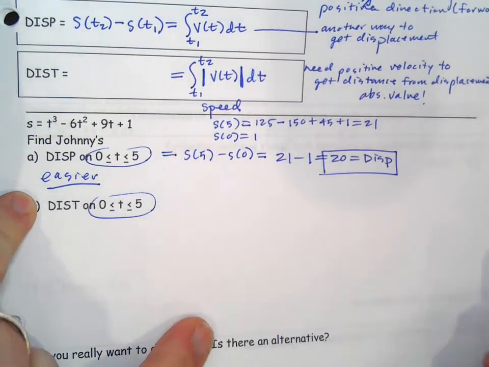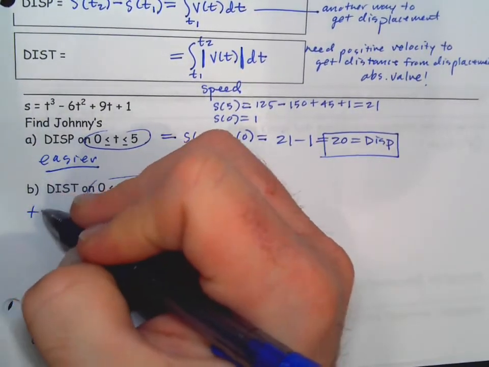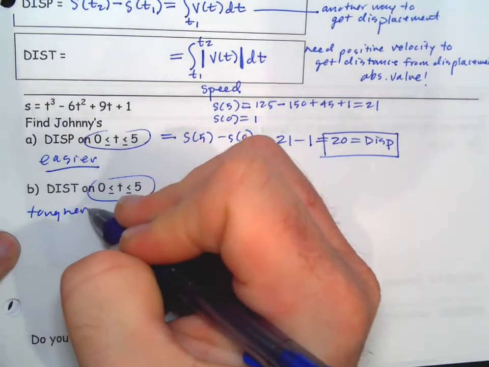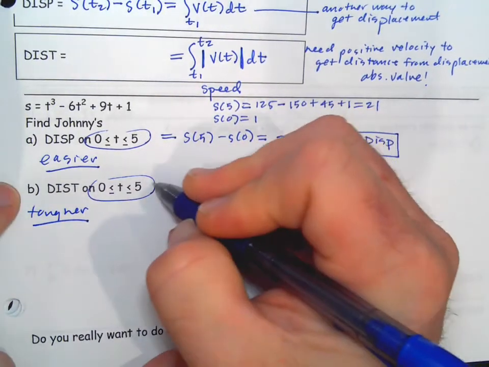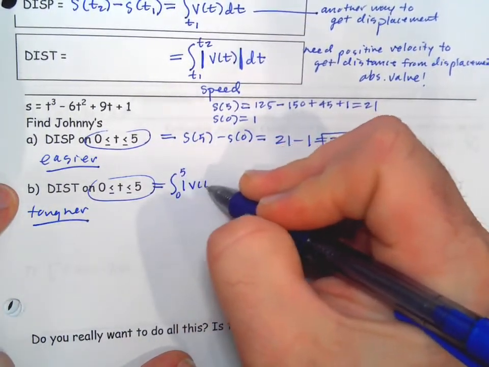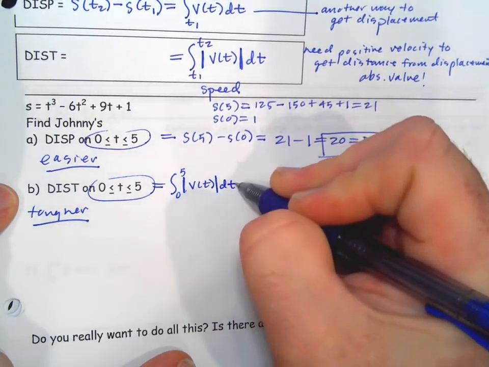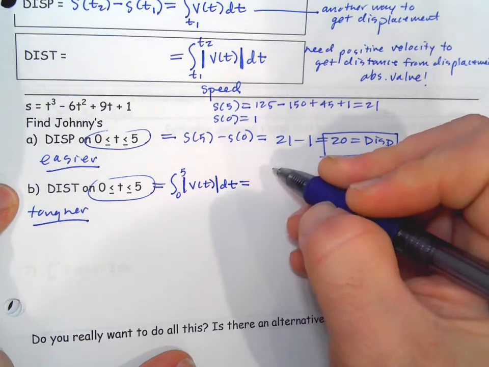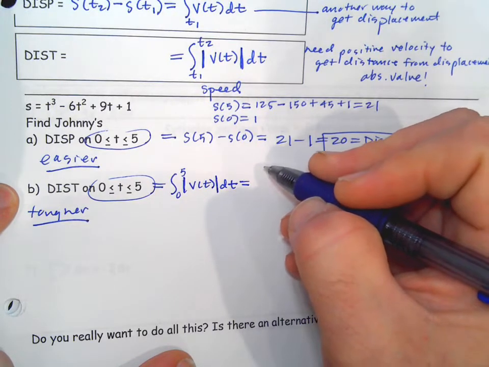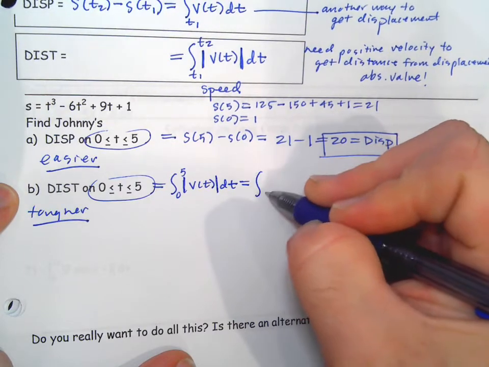All right? Not bad. Now, distance is a lot more complicated because we have to integrate. So we have to integrate from 0 to 5 of the absolute value of velocity. So we're going to have to use our integration of absolute value skills that we've recently been doing. Now, we don't even have the velocity yet, so we would have to find the velocity.